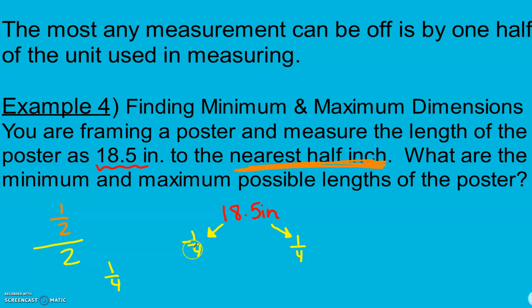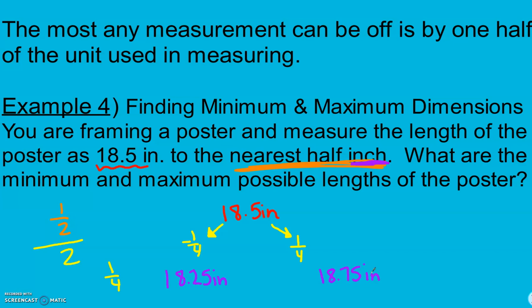So for example, if I take away 1/4 here, it's 18.25. If I was only measuring to the nearest half inch, that 18.25, I'd round it up. If I add that 1/4 on, I get 18.75. If I'm measuring to the nearest half inch, that would have been the point in which I switched from going down to above.